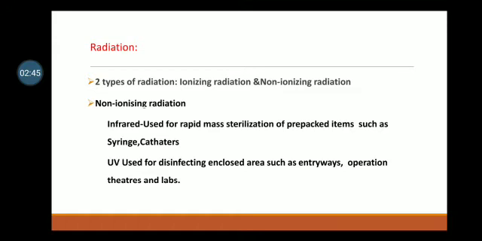Two types of radiation: ionizing radiation and non-ionizing radiation. Non-ionizing radiation: infrared is used for rapid mass sterilization of pre-packed items such as syringes and catheters. UV is used for disinfecting enclosed areas such as entryways, operation theaters and labs.